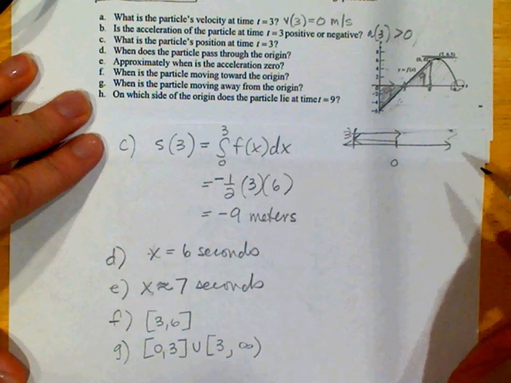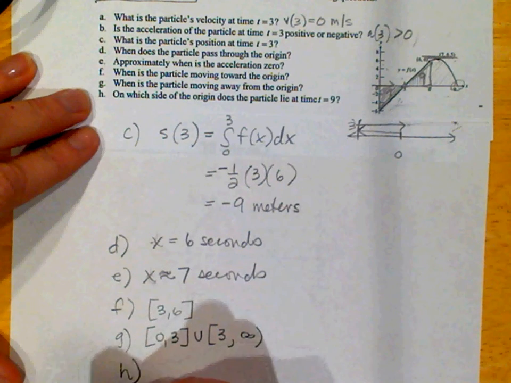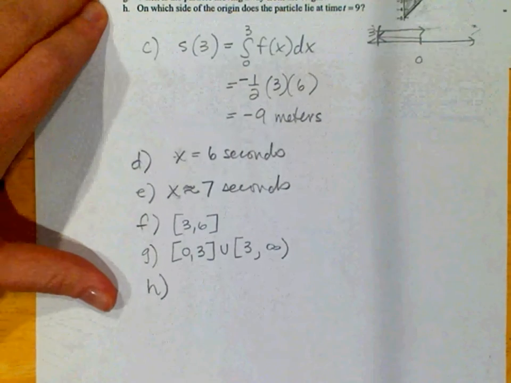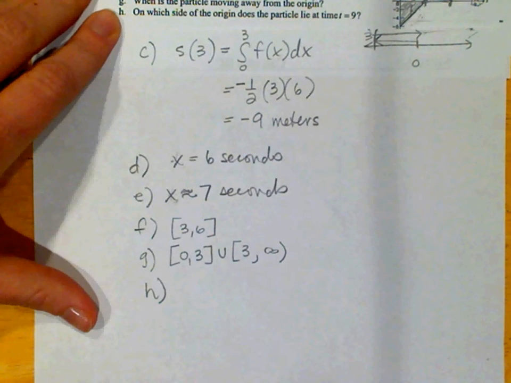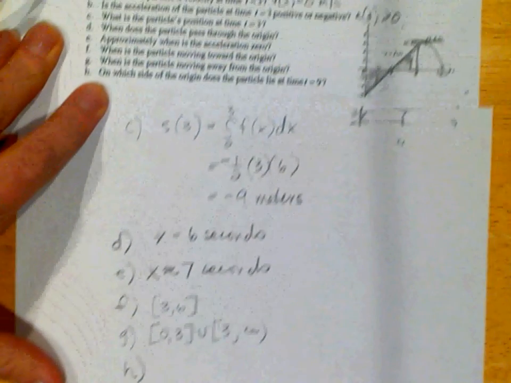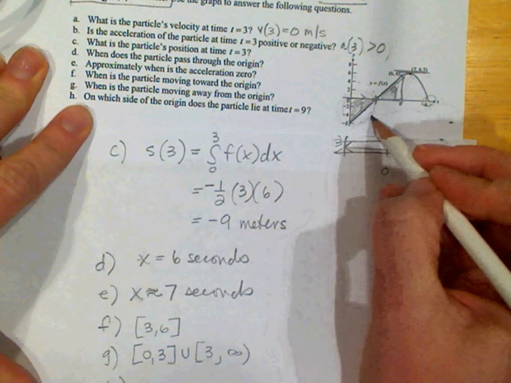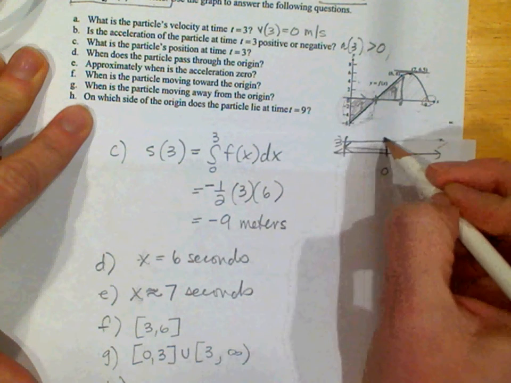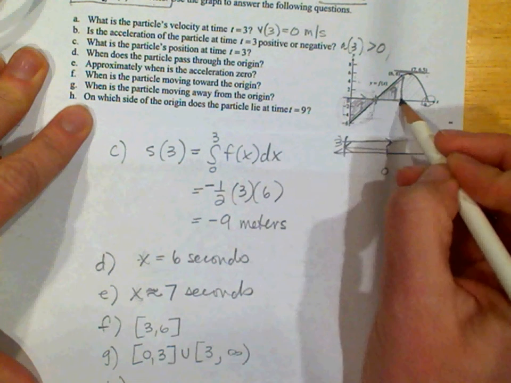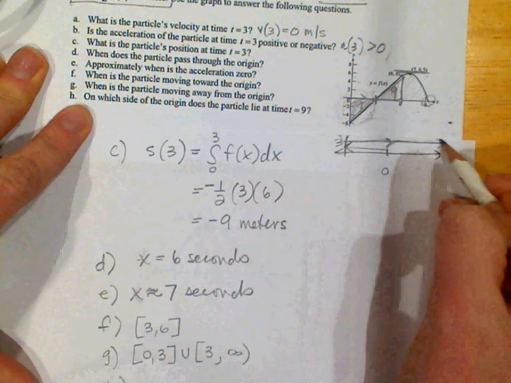And then finally for H, the question asks, on which side of the origin does the particle lie at time t equals 9? Again, I've gone to the left of the origin when I have negative area, then I've gone back toward it because I'm accumulating positive integrated area again, and then I'm continuing on, never to turn back.